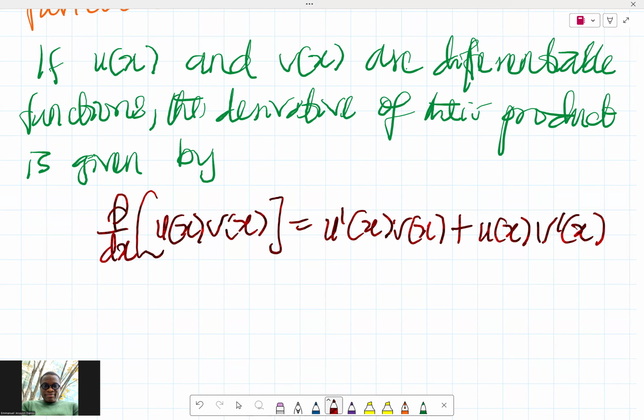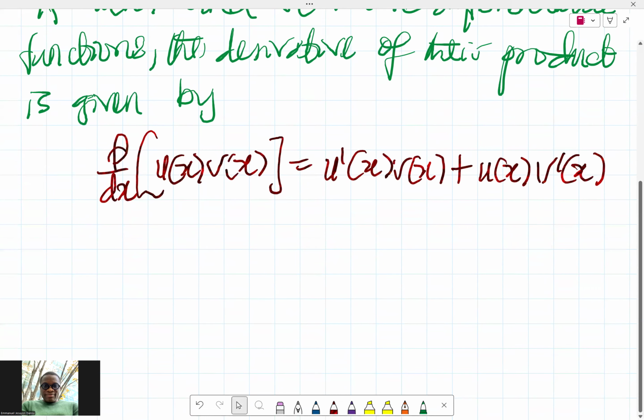That's a well-known formula. So that's the basic idea, but then it doesn't end there.